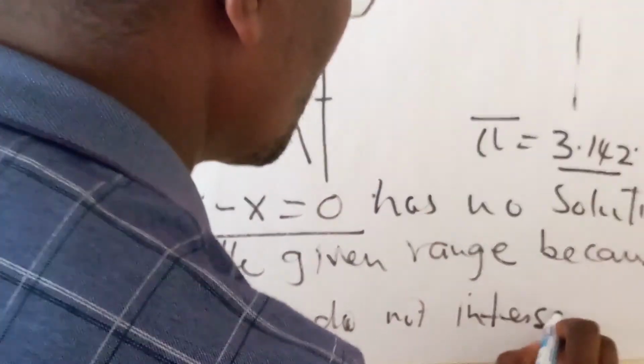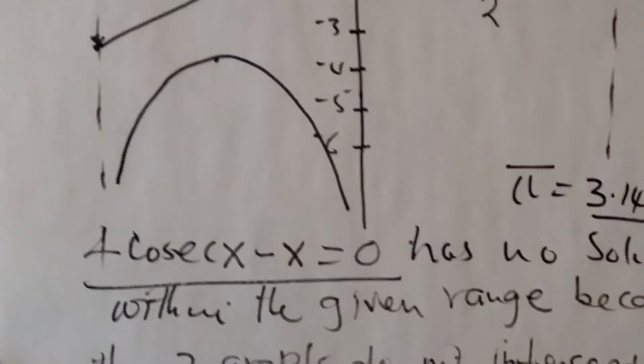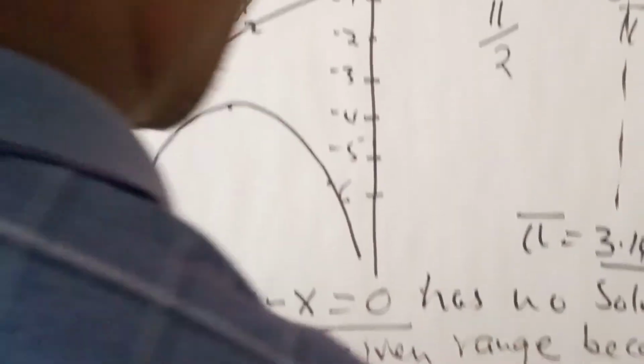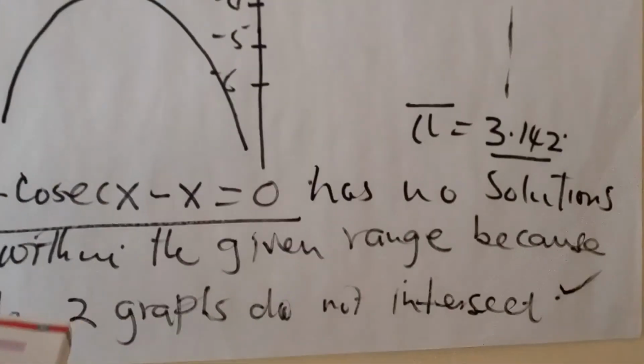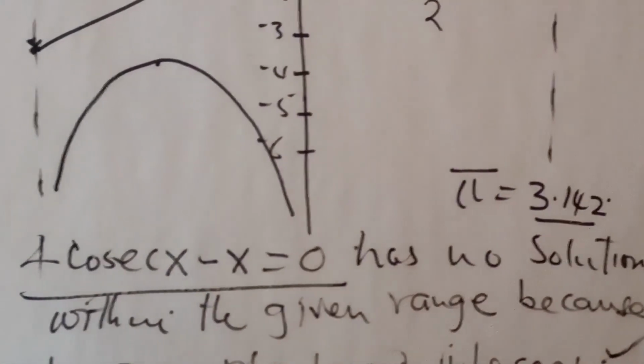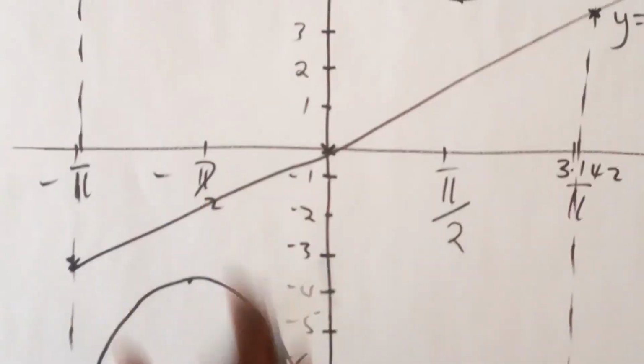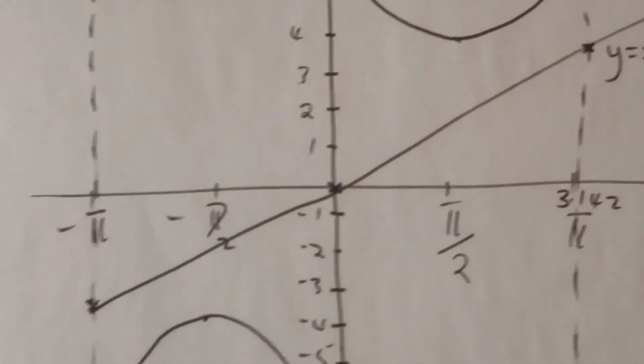That is the truth of the matter in that particular question. There are no solutions because the two graphs do not intersect. All right?